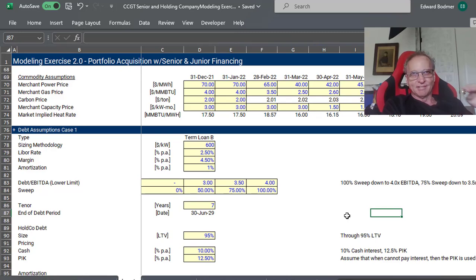I would suggest going through my very simple example, doing it really quickly, over and over again. Quickly. Format perfectly. Structure perfect. Format perfect. Quick, simple annual models, simple sculpting, simple sources and uses, simple IRRs.